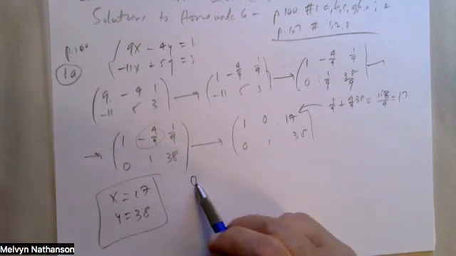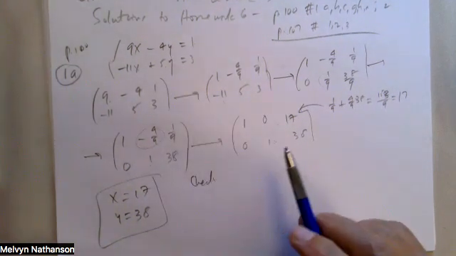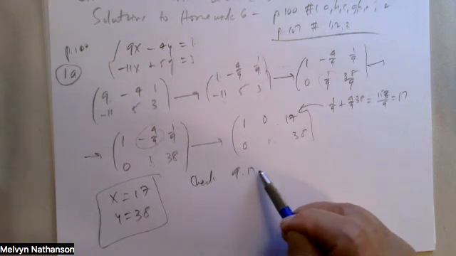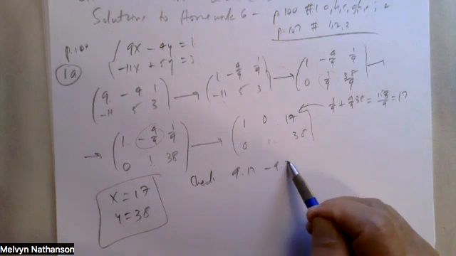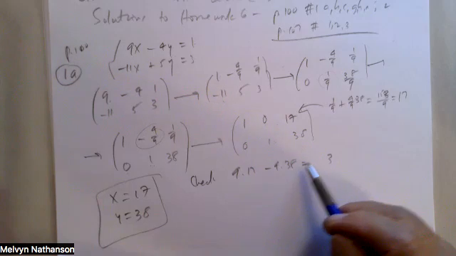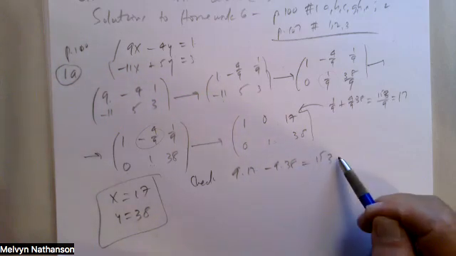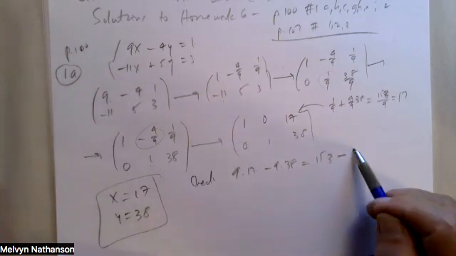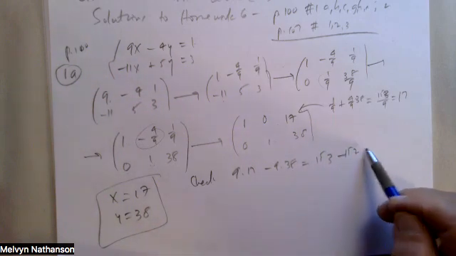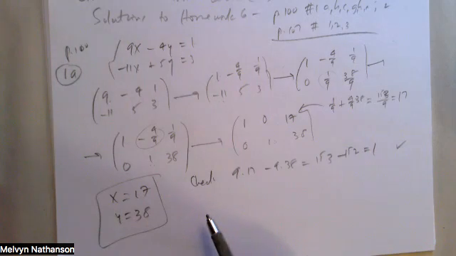Let's check this is correct by plugging it into the equations. 9 times 17 minus 4 times 38. 9 7s are 63, so 153. 4 times 38, 4 8s are 32, so 152. 153 minus 152 equals 1, so that checks.